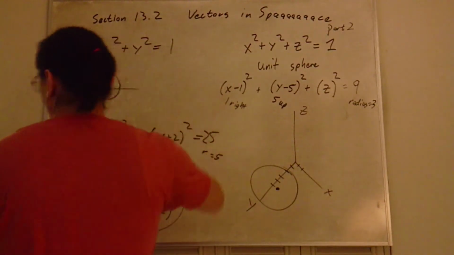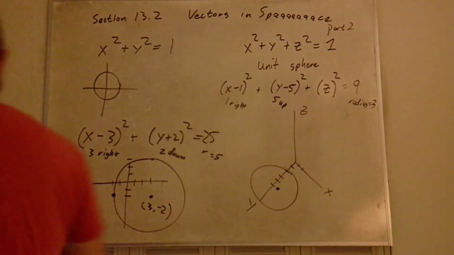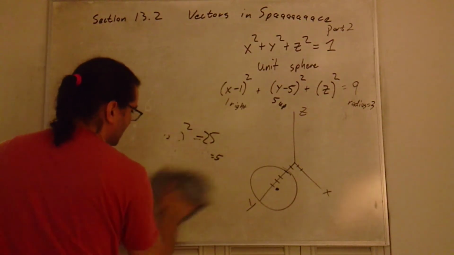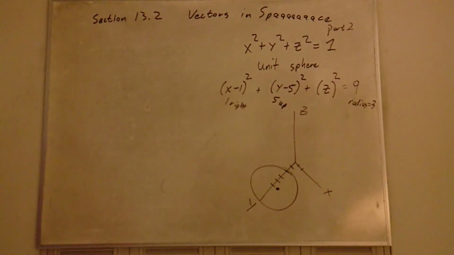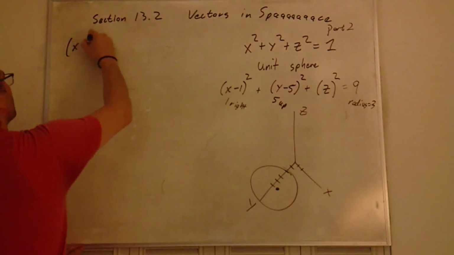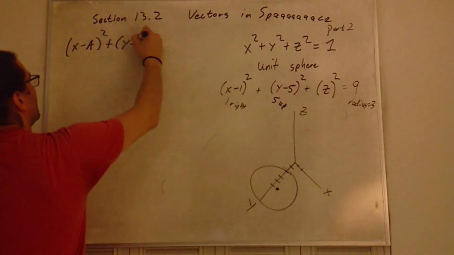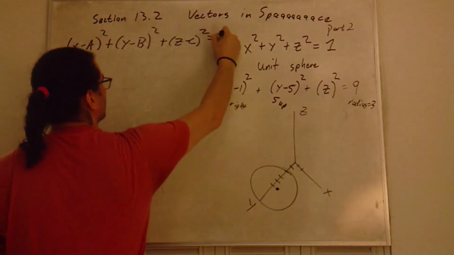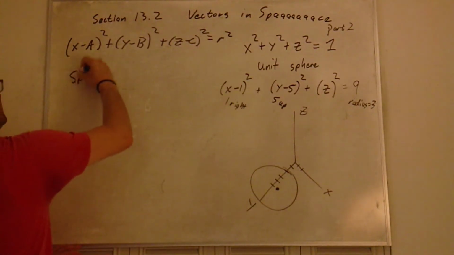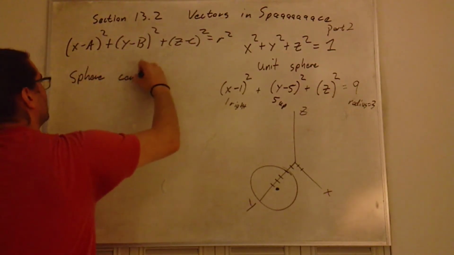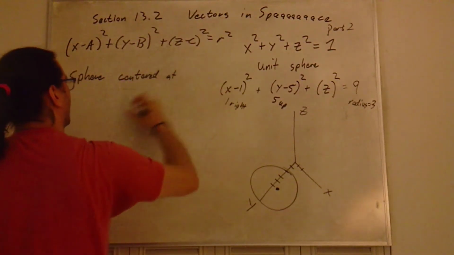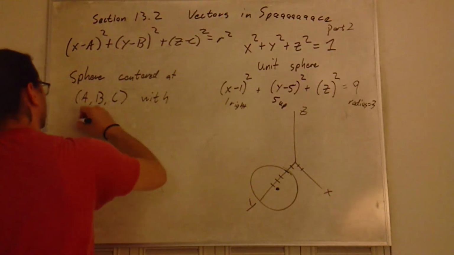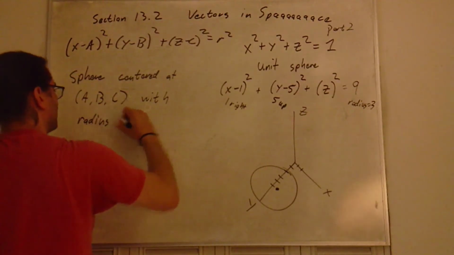Essentially, what you get is x minus a squared plus y minus b squared plus z minus c squared equals r squared is a sphere centered at A, B, C with radius r.